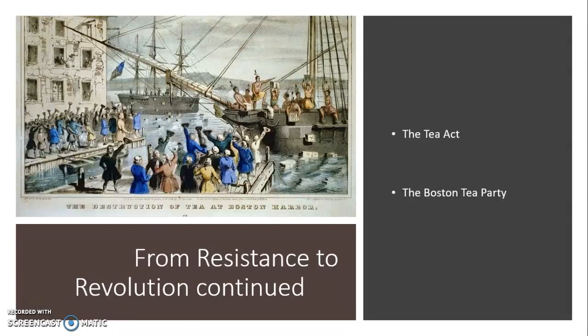It granted the East India Company a monopoly on the North American tea trade. They basically made the tea purchased from this specific company cheaper than all other tea, not fully removing the tax on tea that was still in place from the Townshend Acts, but just making it overall more affordable. The British East India Company would also get to sell directly to shopkeepers in the colonies.